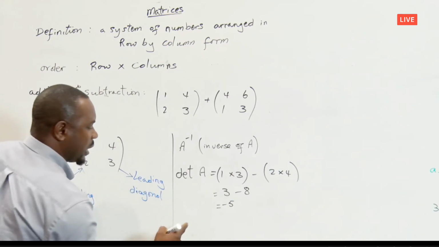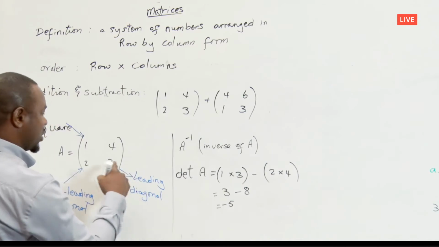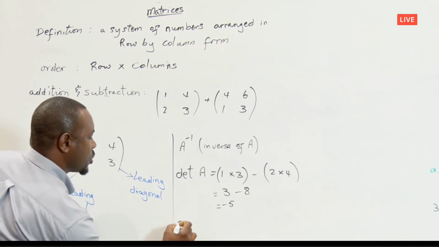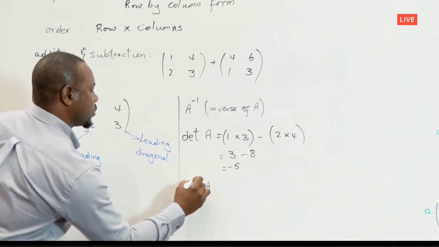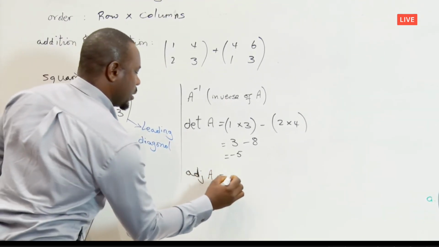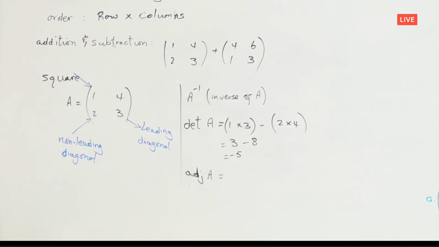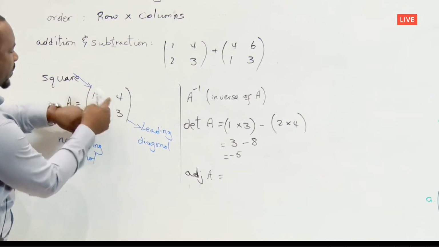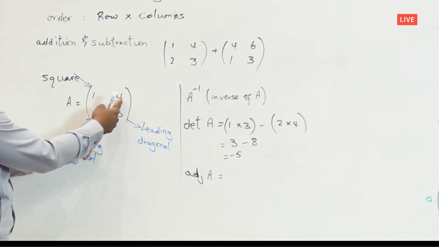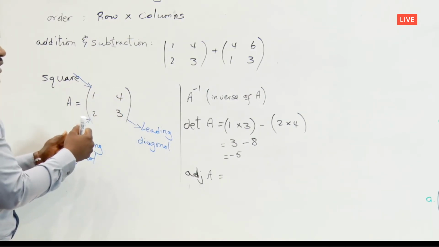We also now need to find, remember we are trying to find the inverse, okay? Keep this in mind. So we also need to find the adjoint of the matrix. Let's determine the adjoint. So the adjoint is ADJ of A. And this is quite simple.